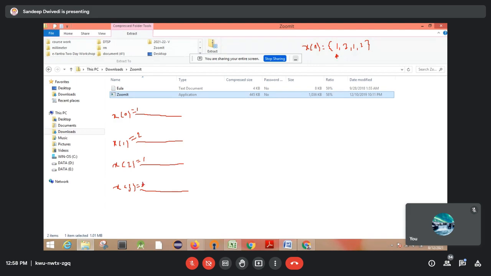After that what you can do, you can write adders in this, like this. So here you can write adders.